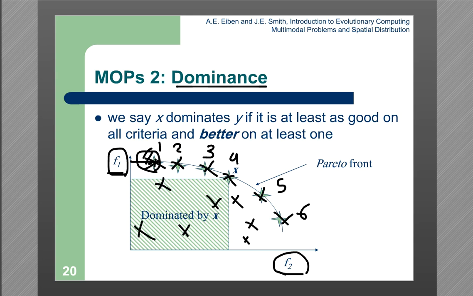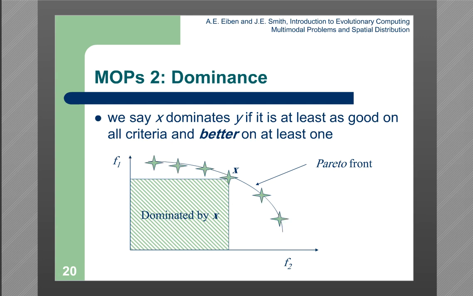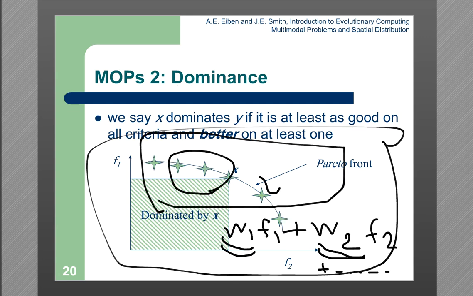Why? For example, you say 4 is the best, but 3 is better in F1 than 4. Some say 1 is the best. 1 is the best by F1, but by F2, 2 is the best. 6 is the best. A Pareto set is a set of elements where none of these elements is dominated by another one.